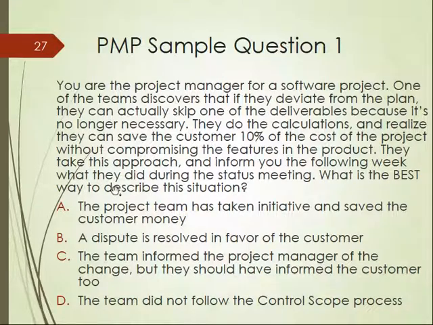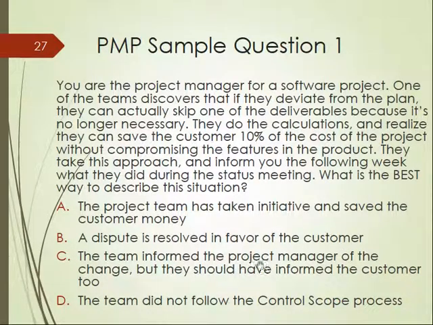So what is this situation? This is a possible question for the PMP exam. A: the project team has taken initiative and saved the customer's money. B: a dispute is resolved in favor of the customer.